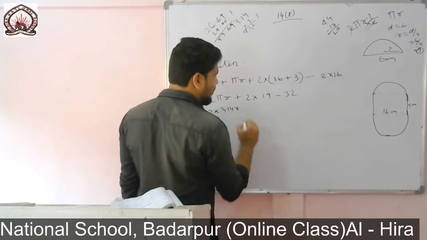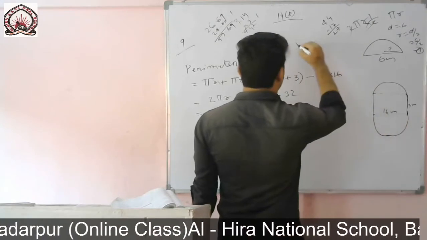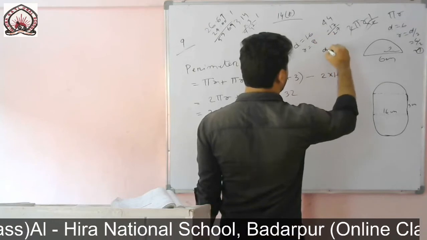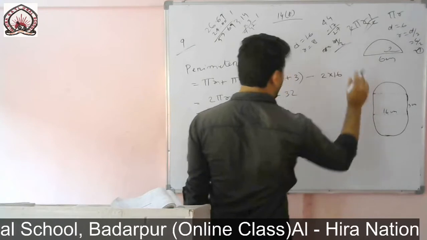So 2 into 3.14 into r. If d equals 16, then r equals what? 8, because r equals d by 2, half of that.